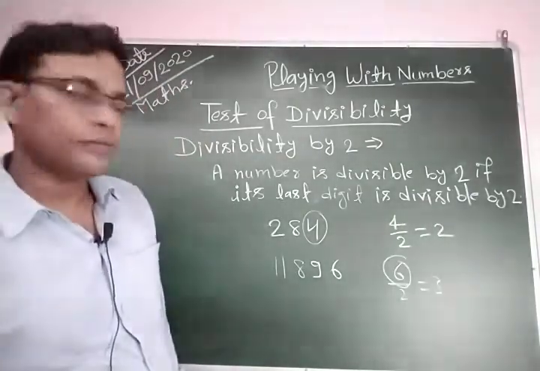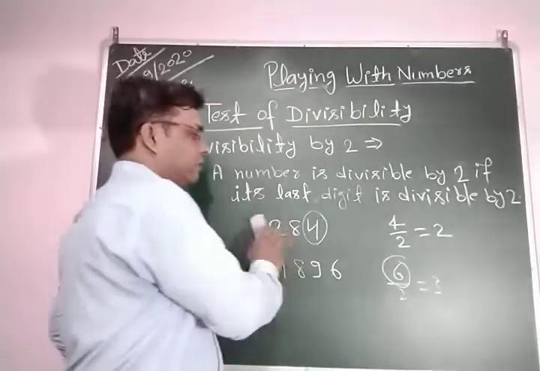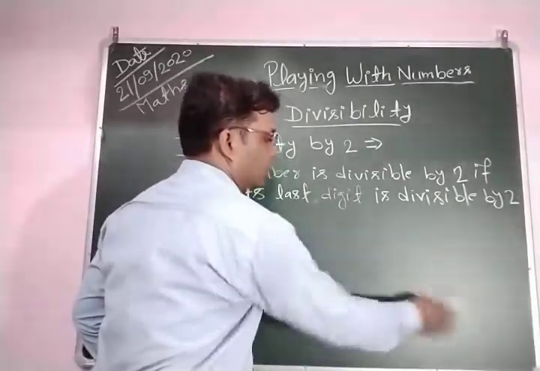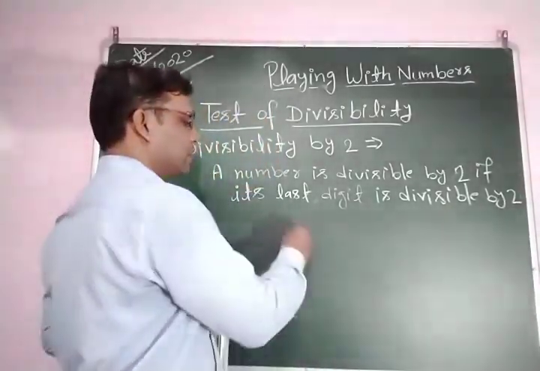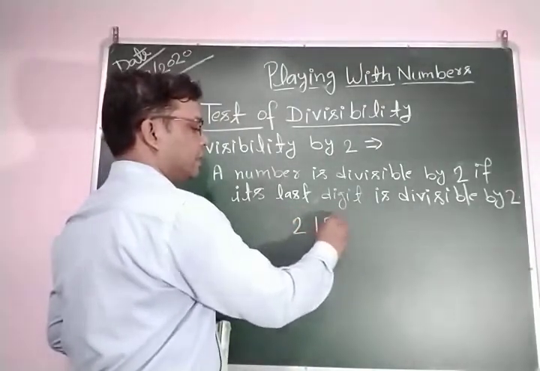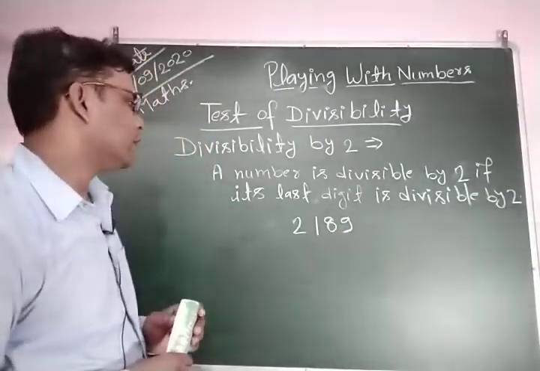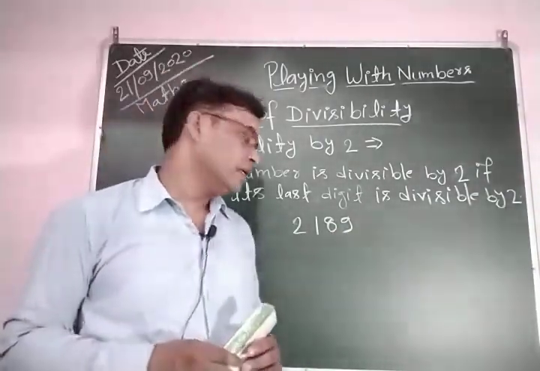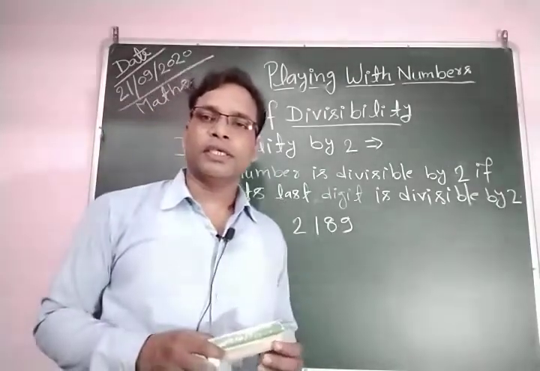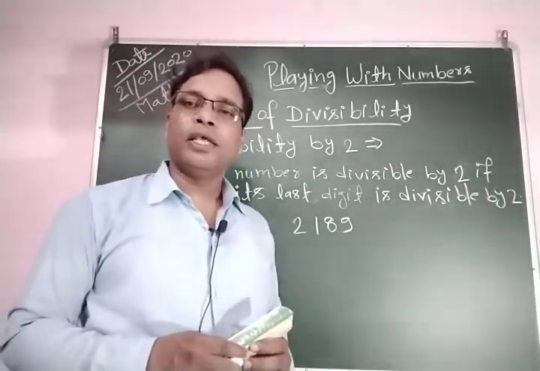Now we take another example for the divisibility test of 2. If you take this number, 2189, is it divisible by 2 or not? For this we check its last digit, or you can say the unit place digit.